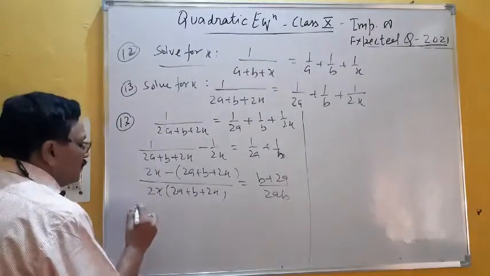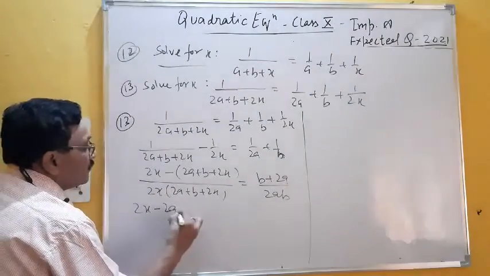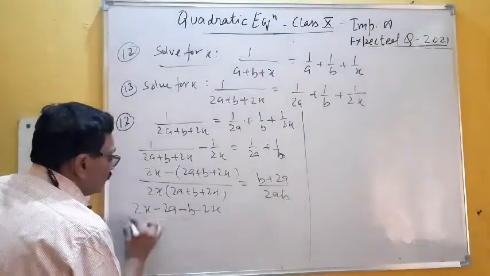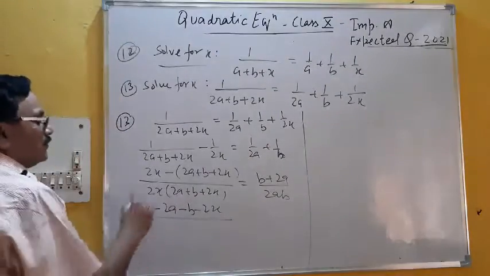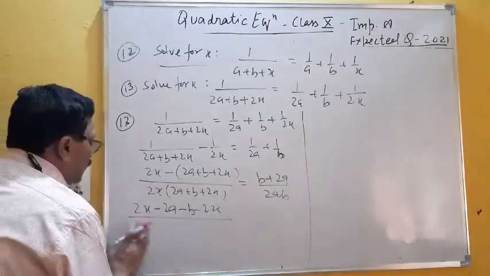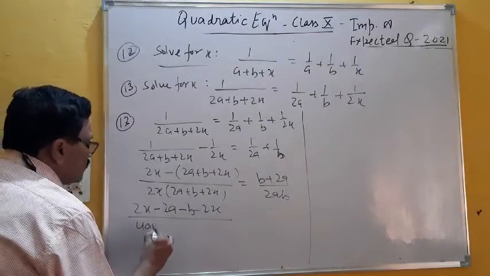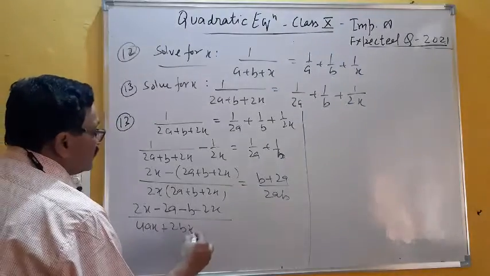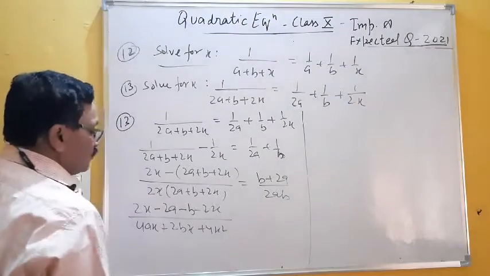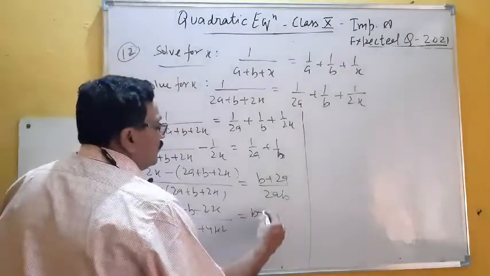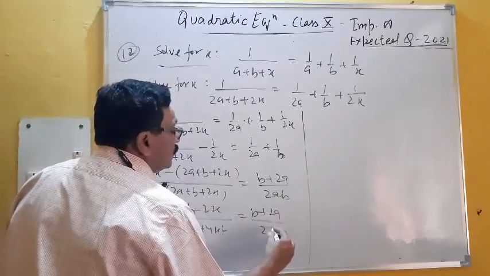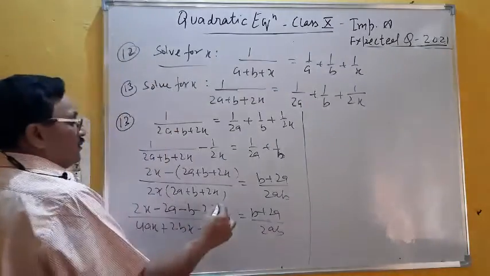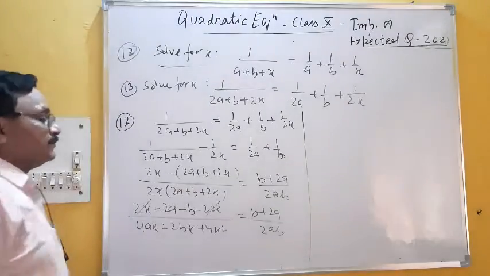Now open this part. 2x minus 2a minus b minus 2x upon 4ax plus 2bx plus 4x square. Here b plus 2a upon 2ab. This 2x and 2x cancel.